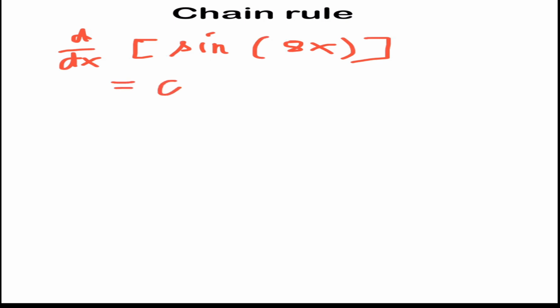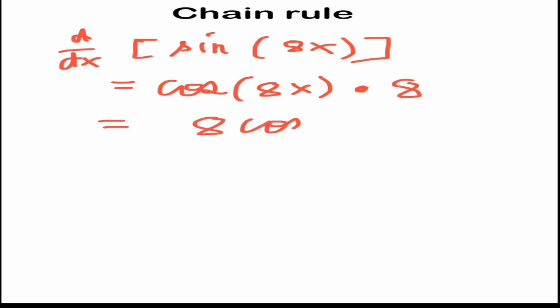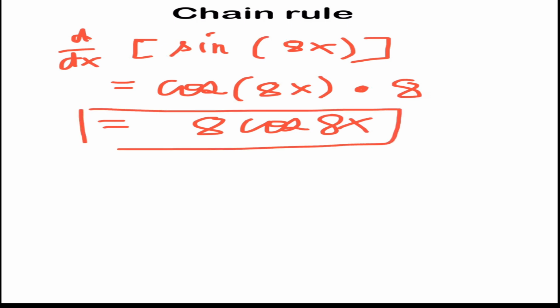So we have cosine, then copy what is inside, 8x, multiplied by the derivative of the inside. What is the derivative of 8x? It's 8. So the derivative of sine 8x is 8 cos 8x. Sounds easy, right?